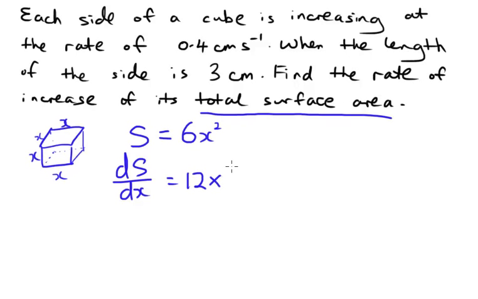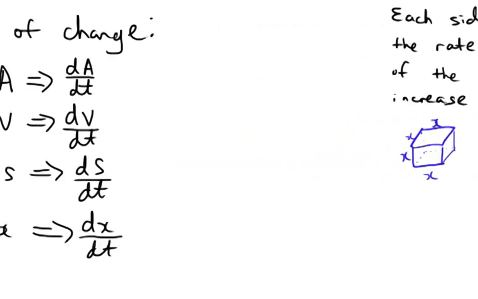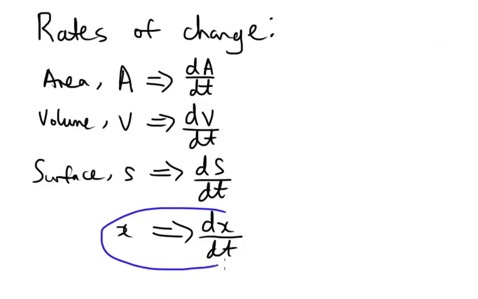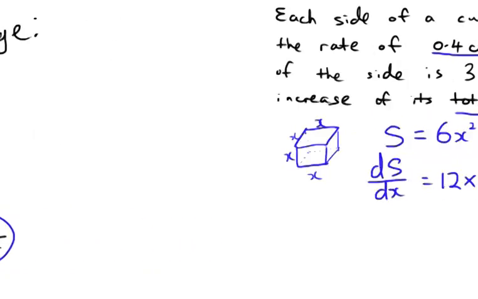In the example, they give you one piece of information. Each side of a cube is increasing at the rate of 0.4 cm per second. The side of a cube is x. We represent it by x. So the rate of increase of a side means the rate of change of x, which is dx/dt.